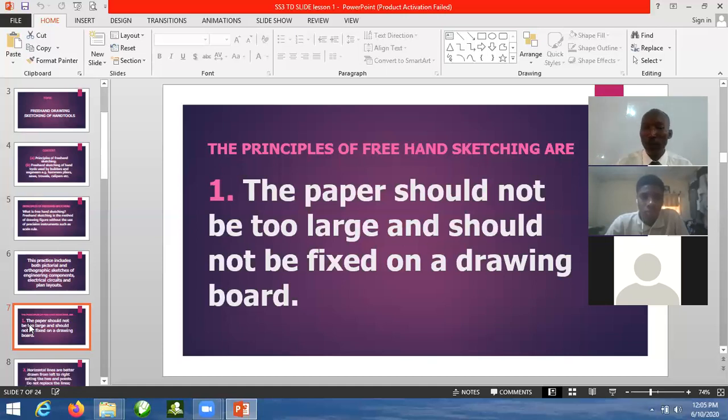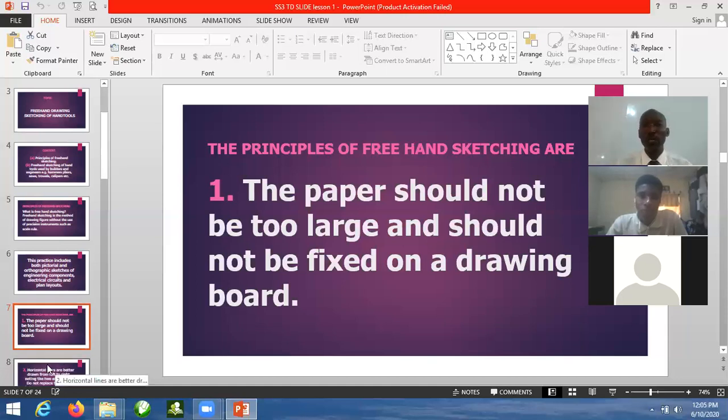The paper should not be fixed. So if you are asked to draw a figure using freehand sketch, you don't need to get masking tape to fix your paper. The paper must not be too large and must not be fixed on the table. That is the first principle.